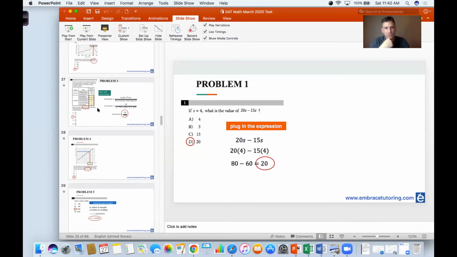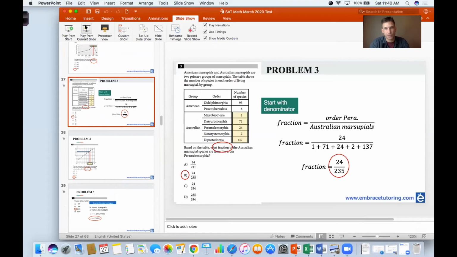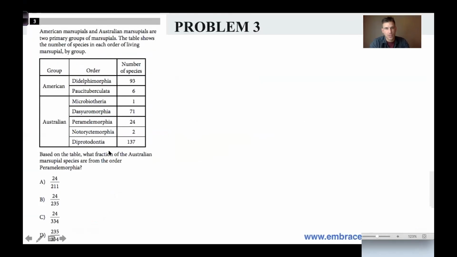All right, first type of problem that I'm going to quickly recap is whenever you have a large table, okay, like for problem 3 here, it says American marsupials and Australian marsupials are 2 primary groups of marsupials. The table above shows the number of species in each of the order of living marsupials by group.